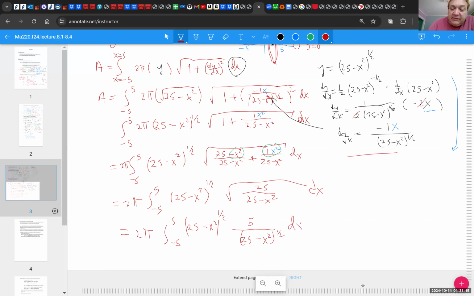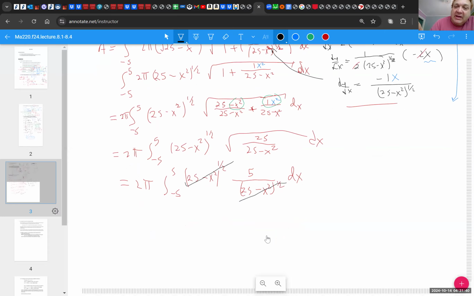But you may notice that we have the square root of 25 minus x squared here on the denominator, and we have the 25 minus x squared to the 1/2 on the numerator. These are identical. If I divide two identical things, I get 1. So all I'm left with here is 5. Okay. So, I kind of set it up so that maybe it comes out kind of nice.